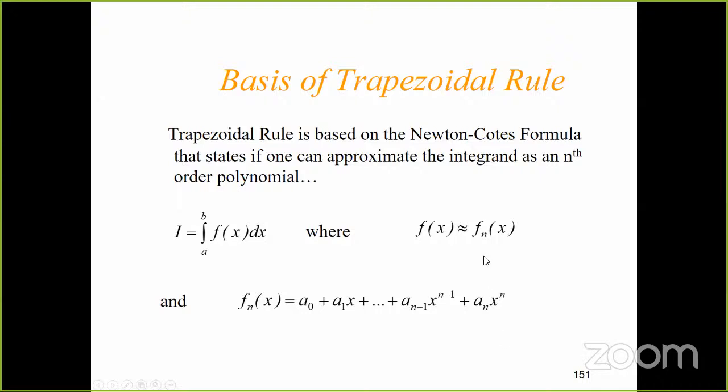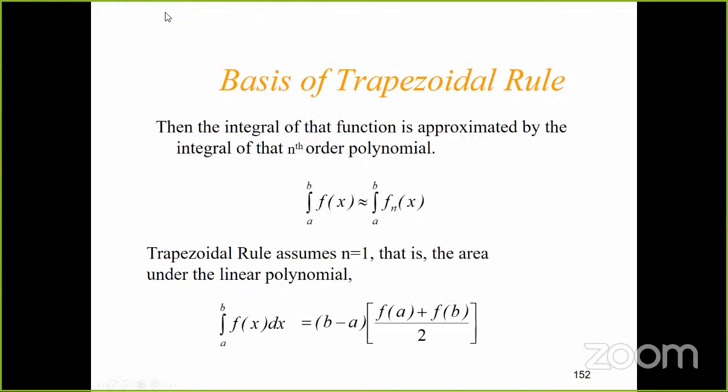If we expand the series, f n of x is a0 plus a1 x plus a2 x squared plus a3 x cubed, up to a n x to the power n. The basis for the trapezoidal rule is that the integral of the function is approximated by the integral of that nth order polynomial.